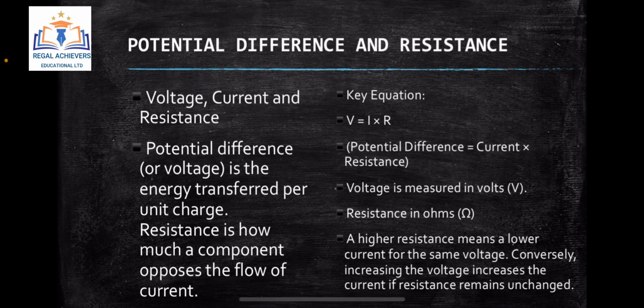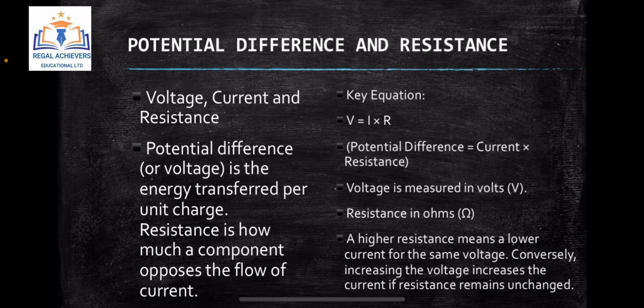Potential difference and resistance. Under this, we'll look at the voltage, current, and resistance relationship. Potential difference, or we call it voltage, is the energy that is transferred per unit charge. And resistance is how much a component opposes the flow of current. The relationship between the three of them can be seen in the equation V equals IR.